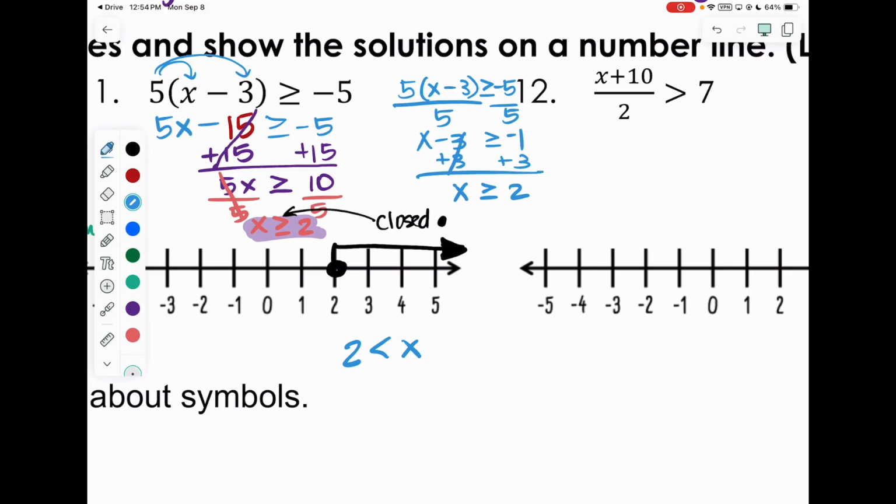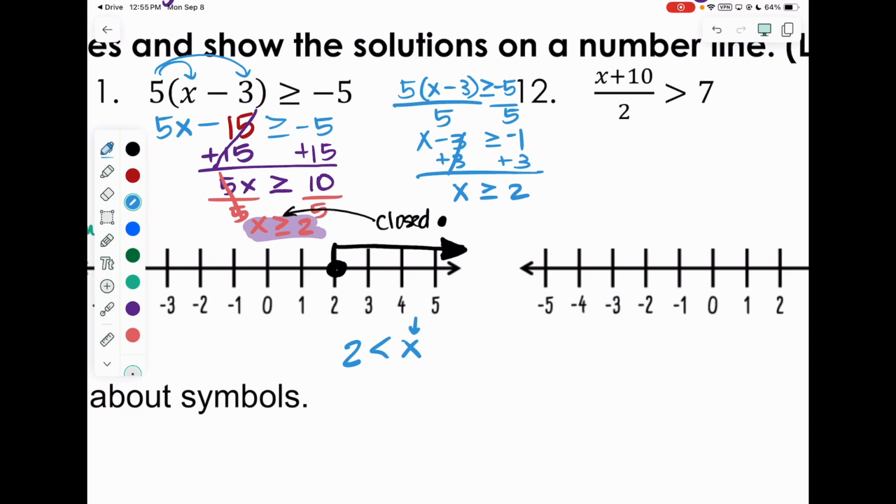X should always be on the left, and that trick would work. But if x is on the opposite side, the variable's on the wrong side, it's going to be the opposite direction. Does that make sense?